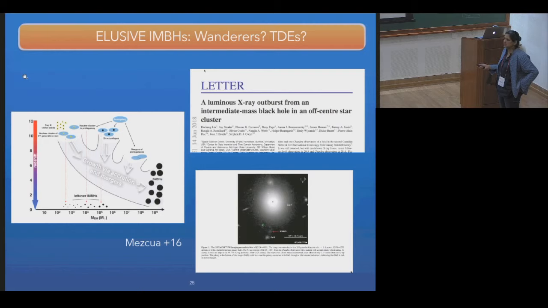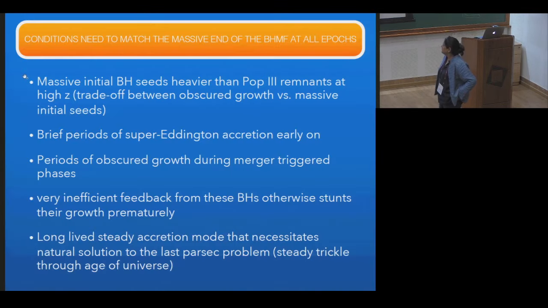So maybe tidal disruption events are going to be the way, especially if they're sitting in very gas-poor parts of the halo, where they're not going to be growing all that much, and not going to be luminous enough to be picked up at the moment, right? But I think that is the open observational question. We want to fill in the observational data there.